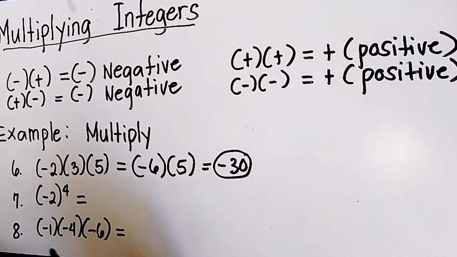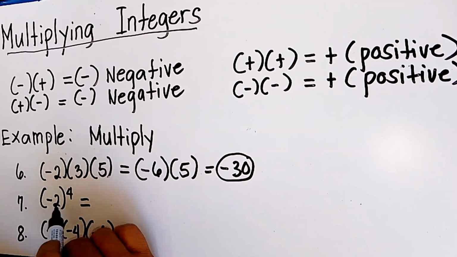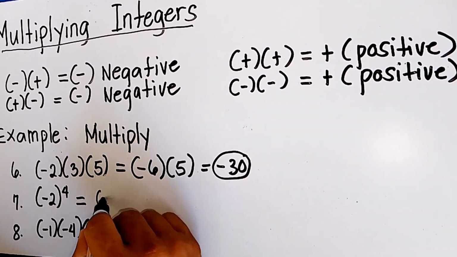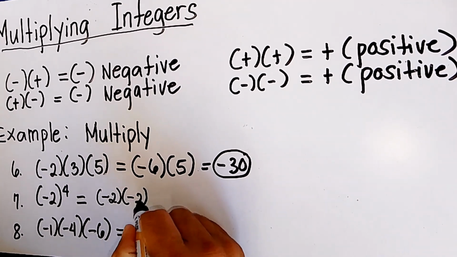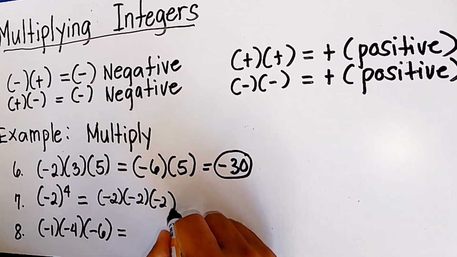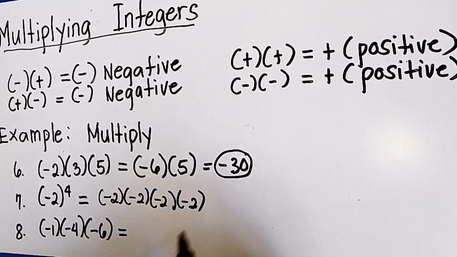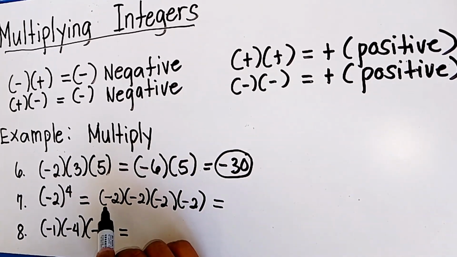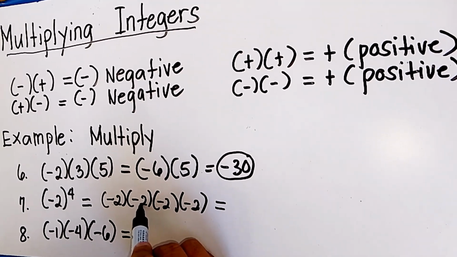Okay, our example number 7 is the fourth power of negative 2. Meaning, you multiply negative 2 four times. So negative 2 times negative 2, that is positive 4.